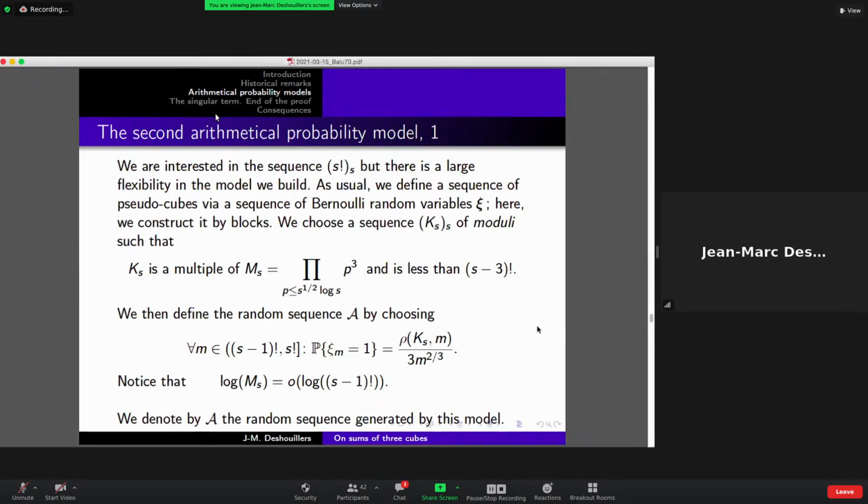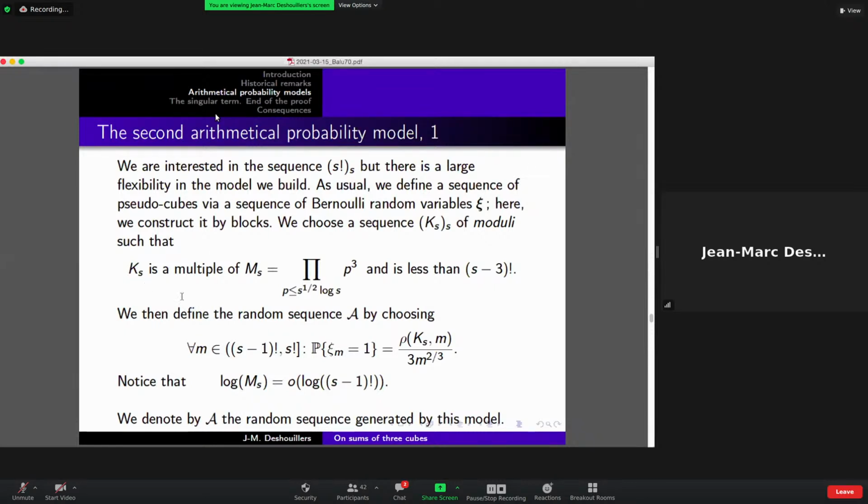Now we are going to make, you see, the difficulty with the first model is that you cannot get a result telling you that from some point onward, s factorial will be a sum of 3 cubes. What you say is that the density is larger and larger, but we want to do also something for s factorial. So we have to make some connection in some way between the place where we are and ks.